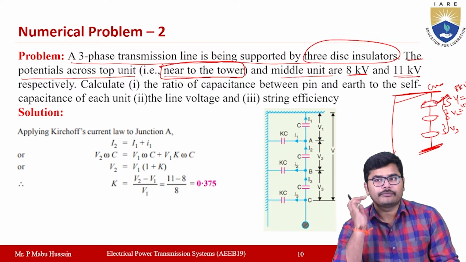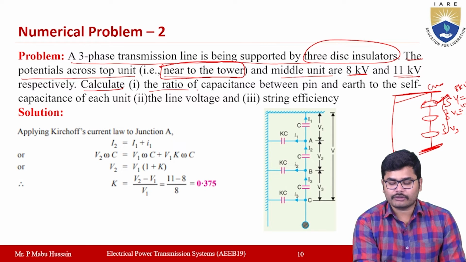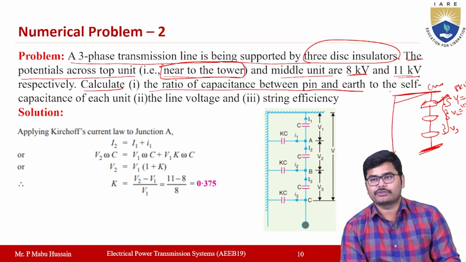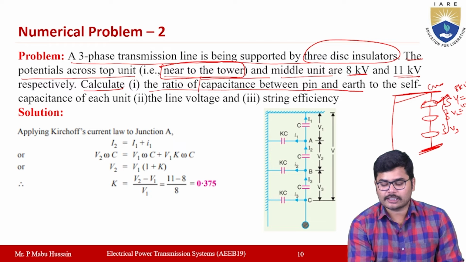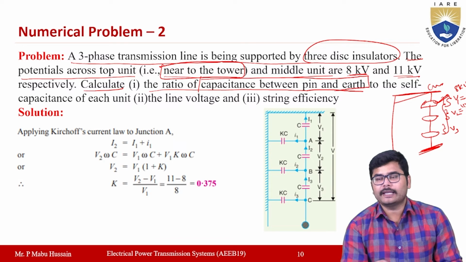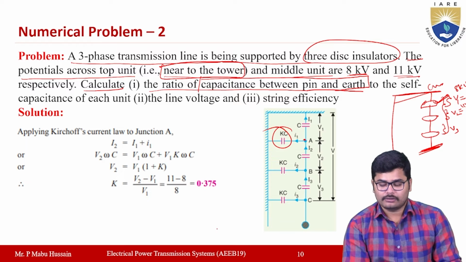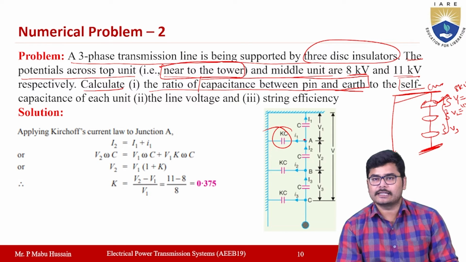So they were given. Then you have to calculate the ratio of capacitance between pin and earth to self capacitance of each unit. The capacitance between pin and earth is nothing but the shunt capacitance, and self capacitance is nothing but the capacitance of the insulator disc itself.